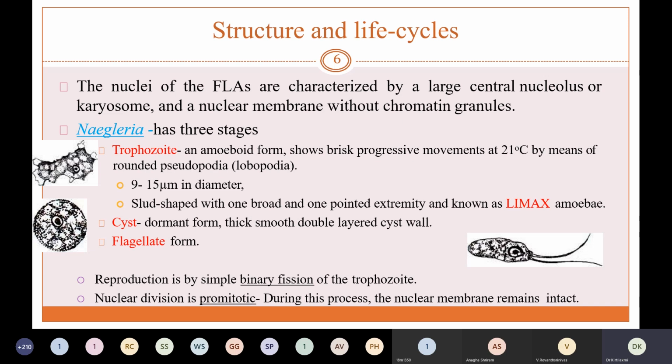That is a generalized statement: they have a large central nucleolus and a nuclear membrane without chromatin granules. I will try to show it in this picture. You can see here, correct? There is a central nucleolus without any chromatin granules. This is a very characteristic feature of all the free living amoebae.